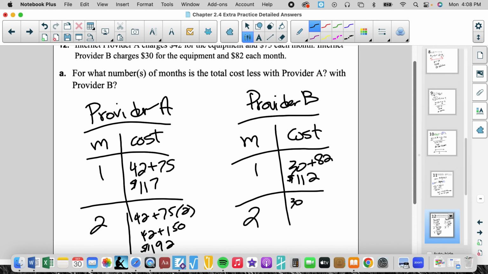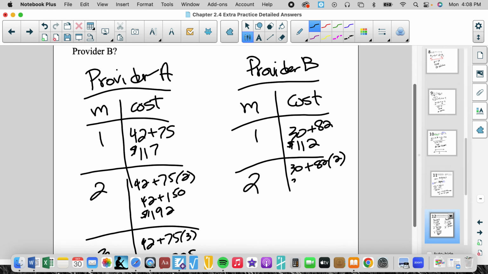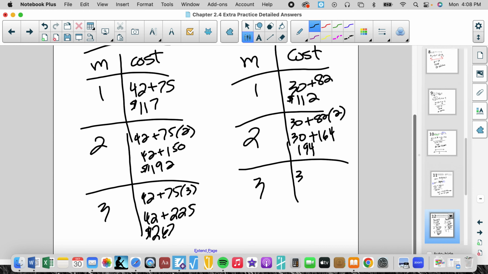Second month is going to be 30 plus 82 times 2, which gives us 30 plus 164, which is 194. I think we're jumping up there real quick. And 3 months is going to be 30 plus 82 times 3, which is 30 plus 246, which is 276.